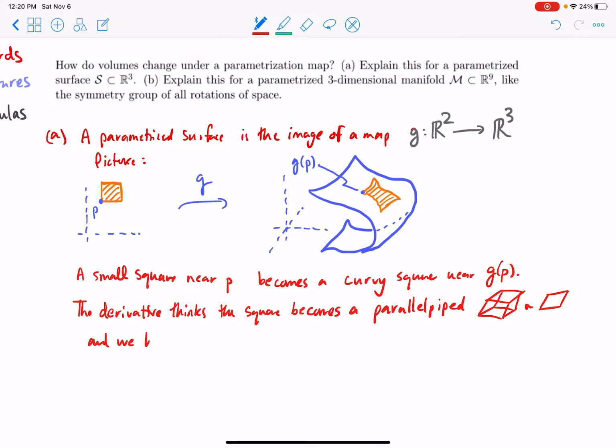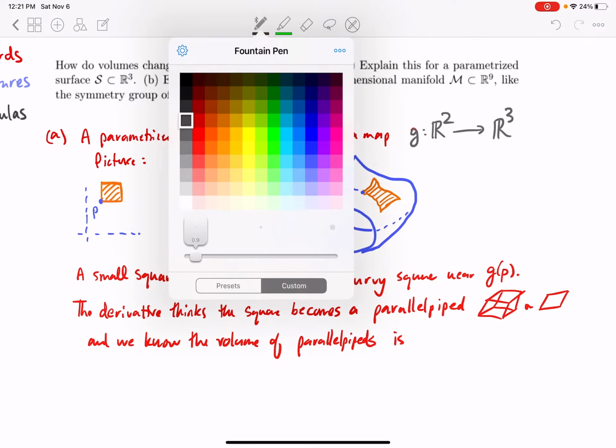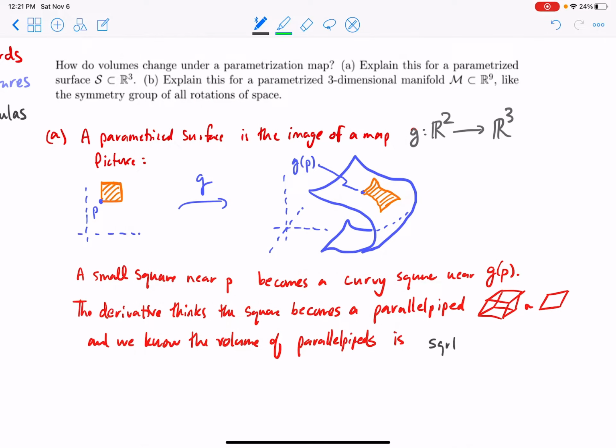And we know the volume of parallelepipeds is, and now here's the formula, square root determinant of the gram matrix of, well, whatever the vectors are that give us some vectors.